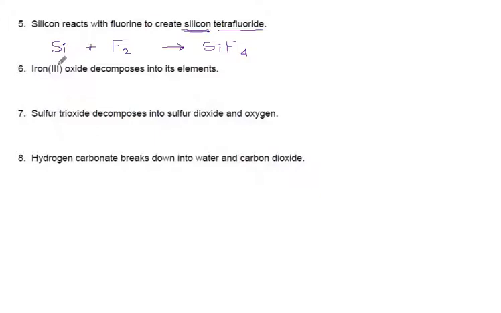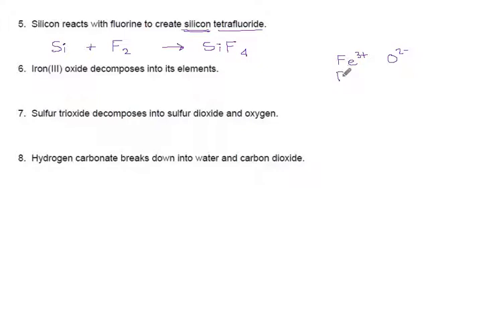Iron 3 oxide decomposes into its elements. Well, we have to write a formula for iron 3 oxide, and if we don't know what that is, then we have some math to do. Iron 3 means +3. Oxides are -2. So how do we get those charges to match? 3 and 2, it looks like we're doing the 6 thing.